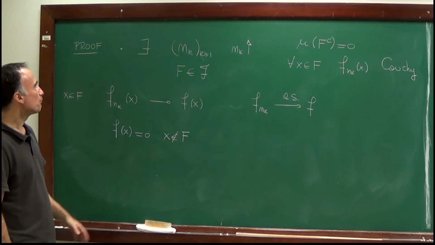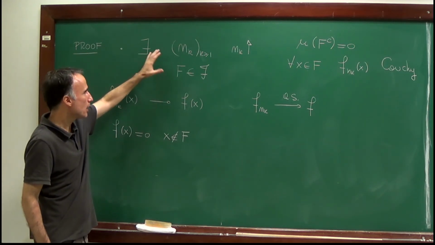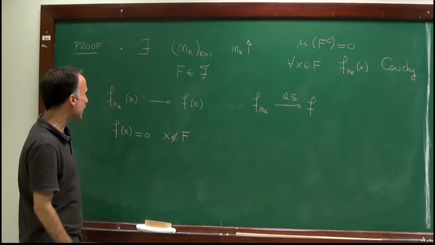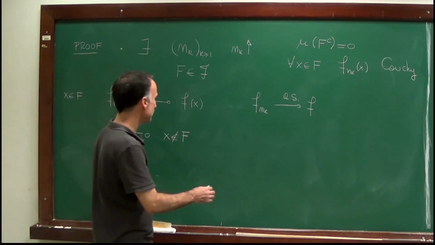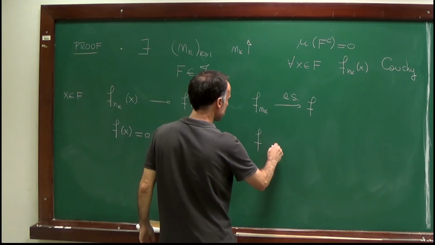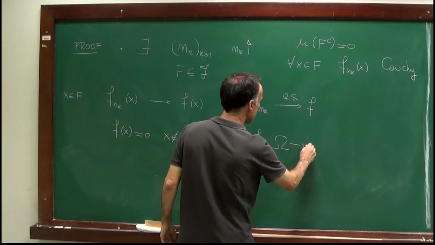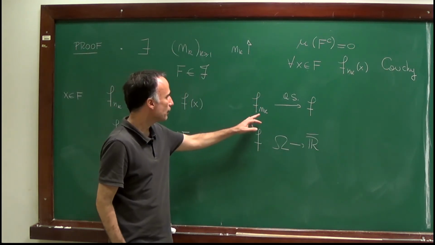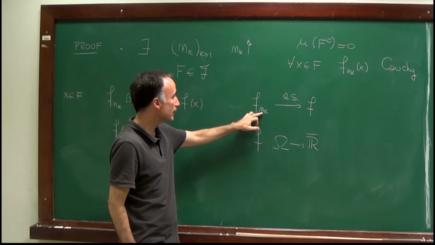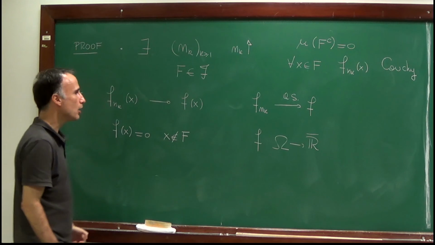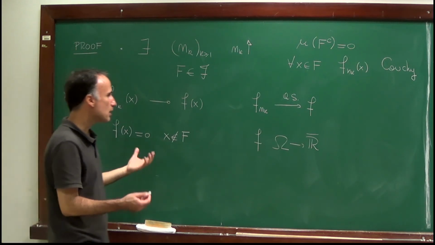So, from our claims, we have now a function f, which is defined on all Omega, taking values in the extended line, and we have a subsequence f_{n_k} such that f_{n_k} is converging to f almost surely. So this is our candidate.